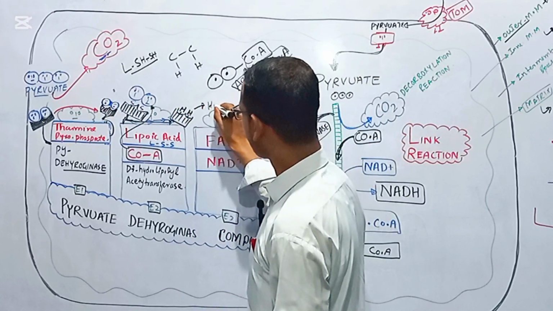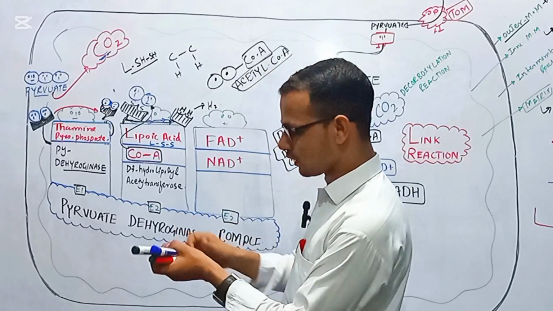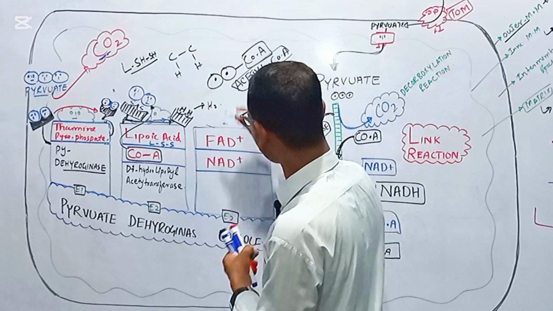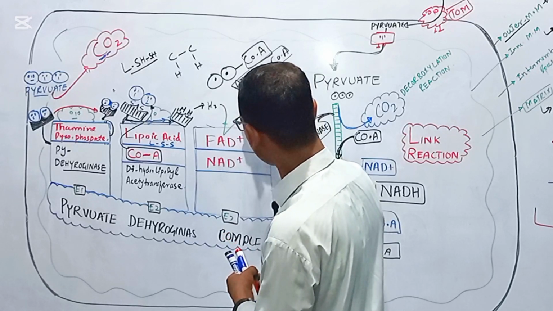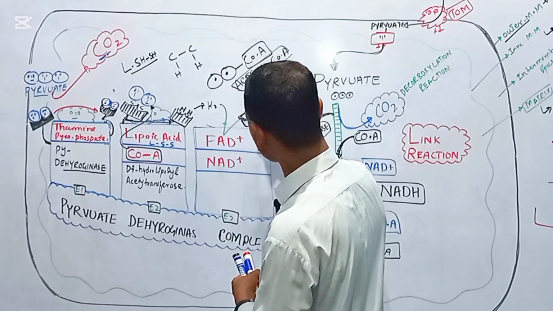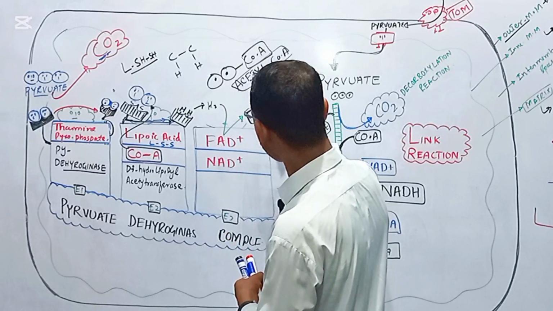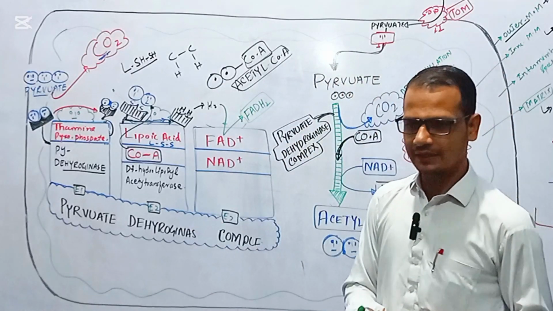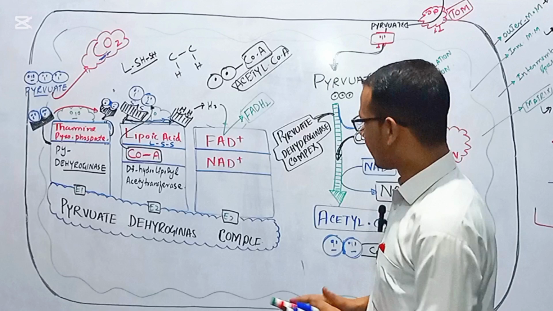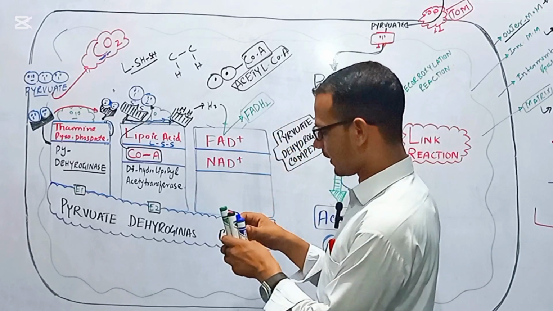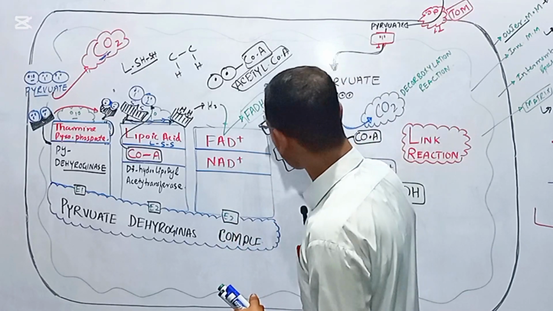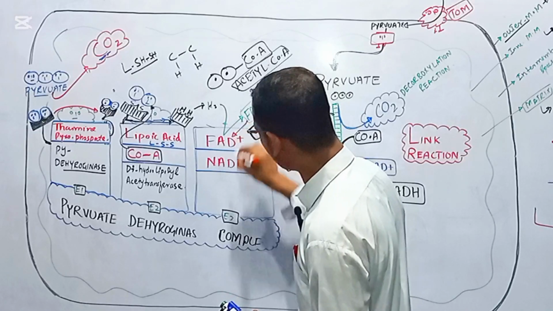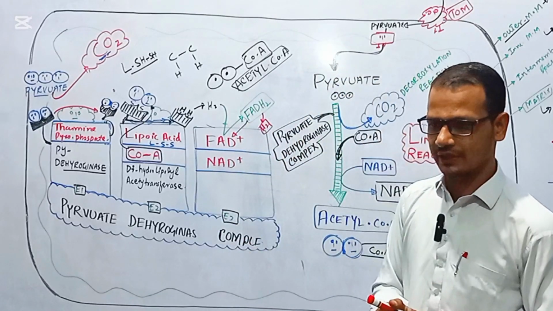These two hydrogen were taken by FAD plus and will form FADH2. It will form FADH2, right? And again this FADH2 will lose its two hydrogen again and will convert into FAD plus for another reaction.